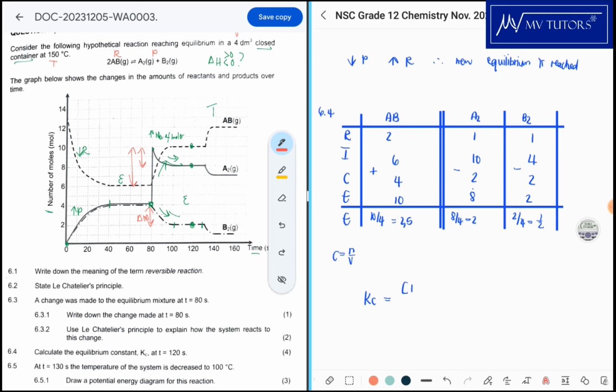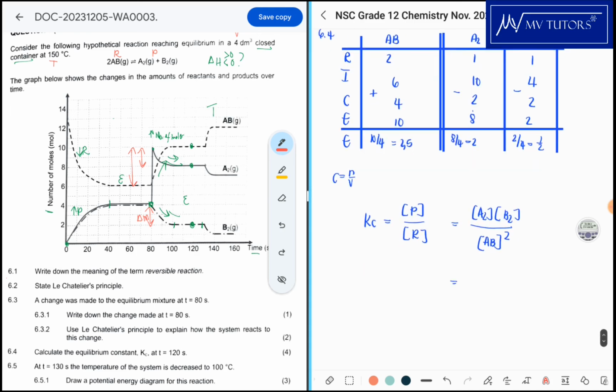So remember, the Kc value is the concentration of the products divided by the concentration of the reactants. Now, what are the products again? We have A2 and we also have B2, and we're dividing it by our reactants, which is AB squared. Okay, so A2, we have 2, B2 is 1/2, so 2 times 1/2, that's just 1.